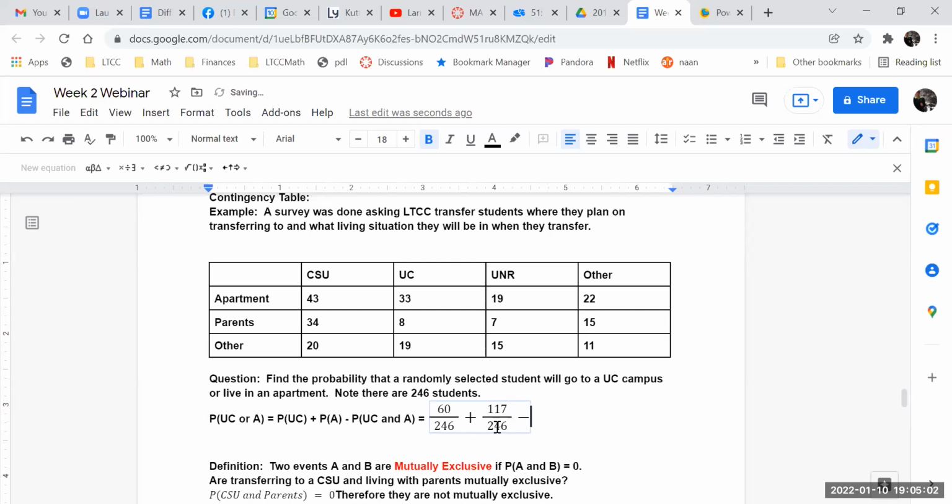And then minus probability of UC and A. So now what I'm going to do is go back to fraction. And then we have UC and A. That's really easy because there's 33 of them. So that's just 33, and still over 246.